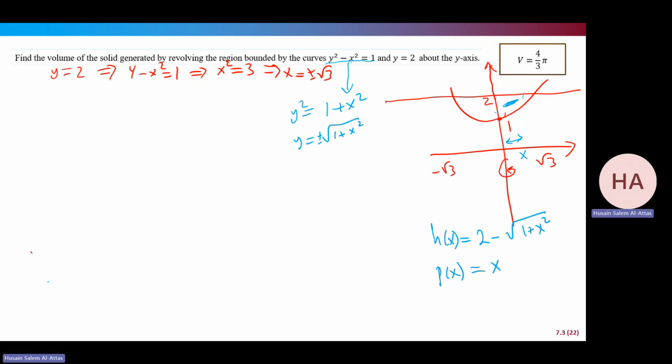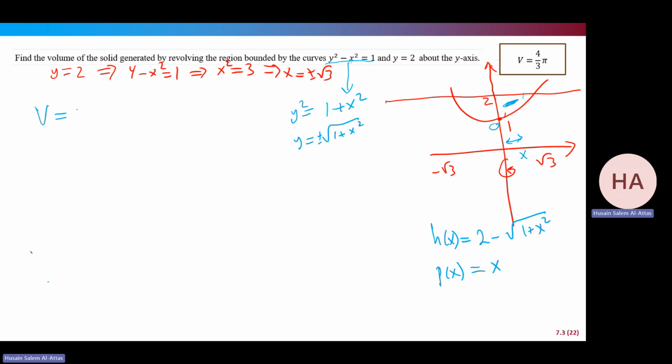If you notice, when we do the rotation, these things will be covered. So you don't need to rotate both of them. It will give you the volume just from 0 to square root of 3. I hope it's clear.